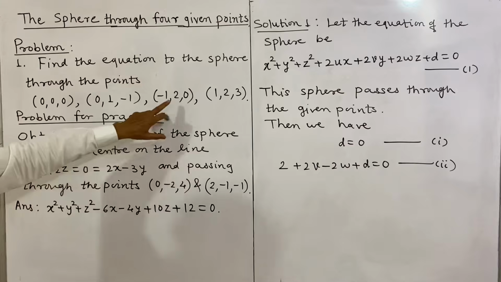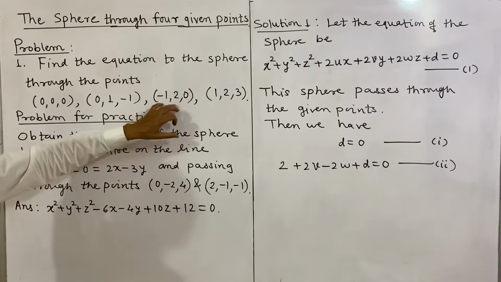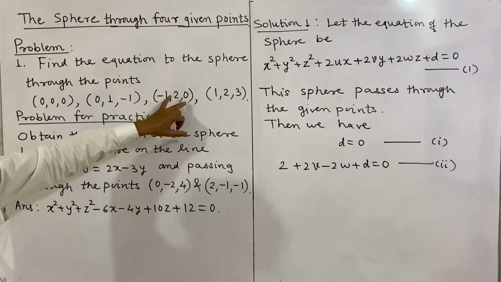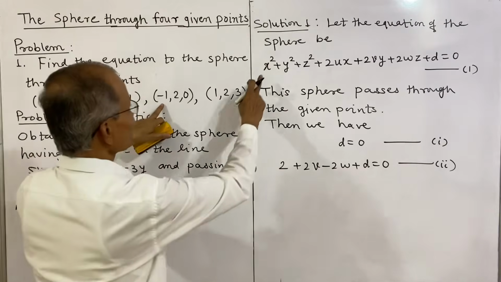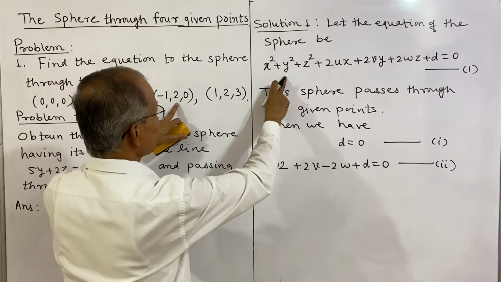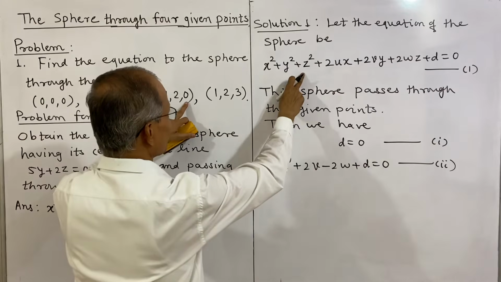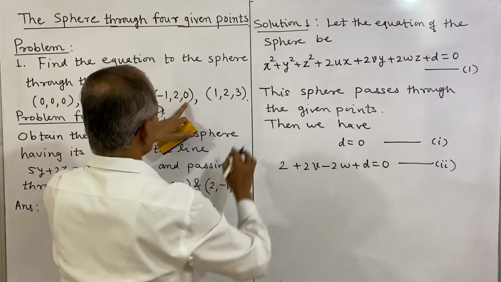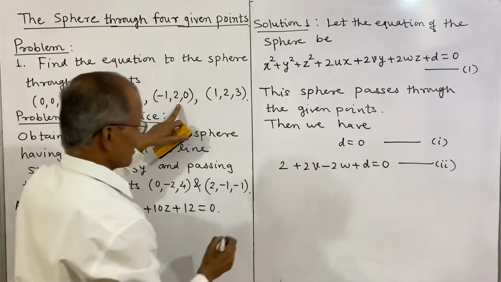Third, now see this point, -1, 2, 0, x is -1, y is 2 and z is 0. So -1 square is 1 and 2 square is 4. So 1 plus 4 is 5, z square is 0. So these 3 terms have value 5 after substitution.